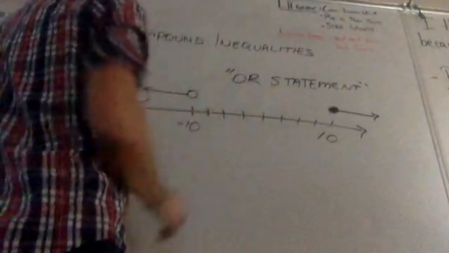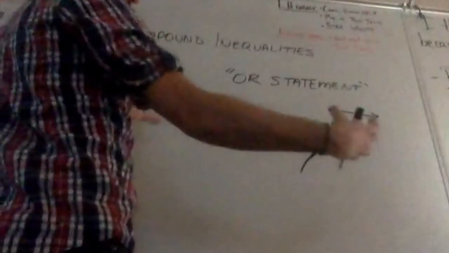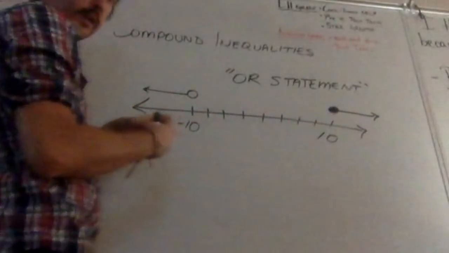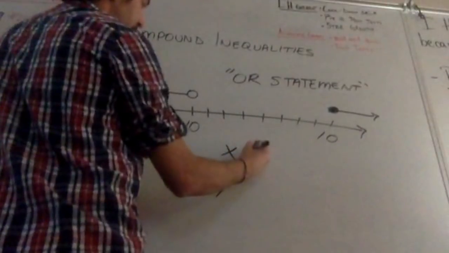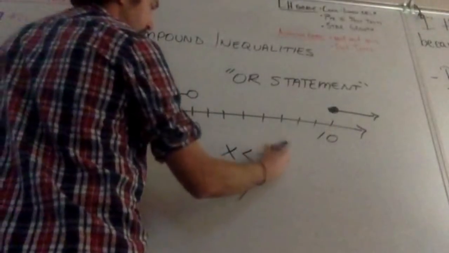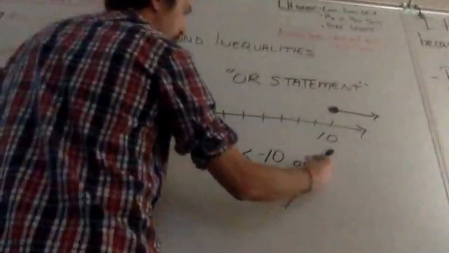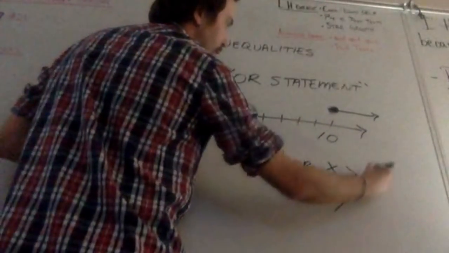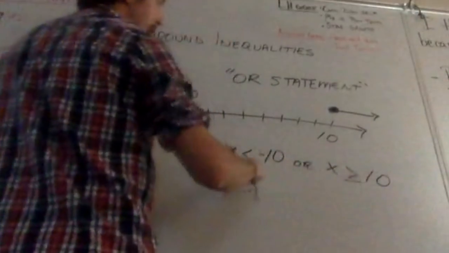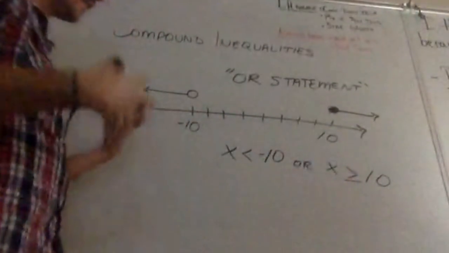With an OR statement, you don't have that compound inequality that's all together. You actually have the word OR separating them. So you're going to say that x is less than negative 10, or x is greater than or equal to 10. So you have two inequalities, but they're not combined like they were before.